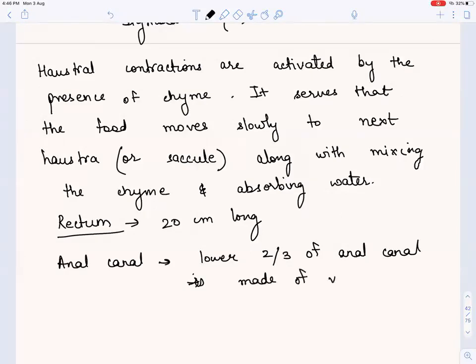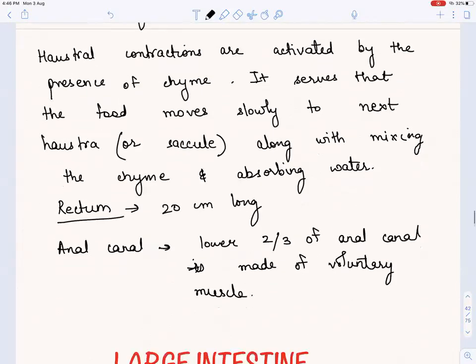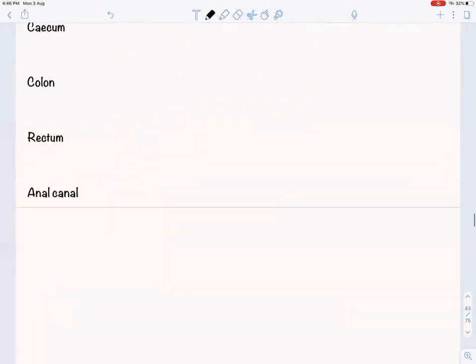Do you know why? That's why we are able to control excretion. Or else what will happen? The waste will be collected and it will just come out as poop. No, it doesn't happen. We can control it. Why? Because there is voluntary muscle in the lower two-thirds portion.